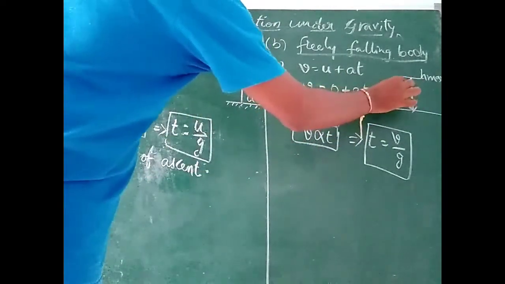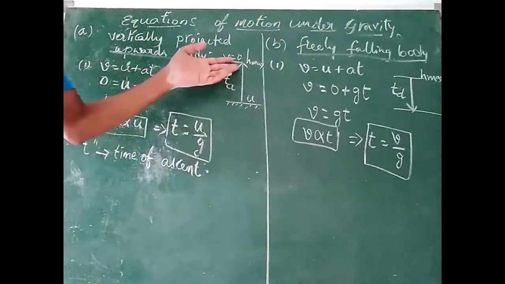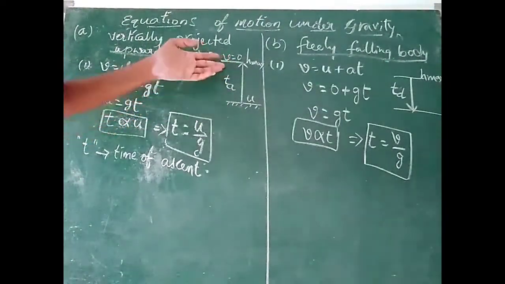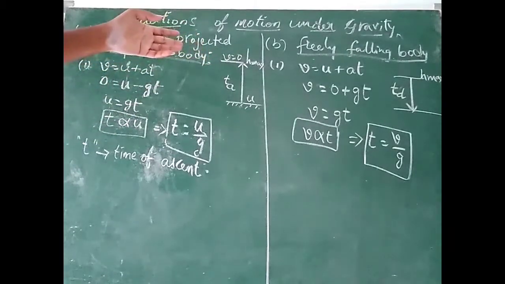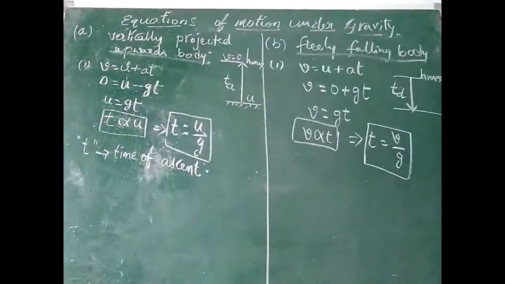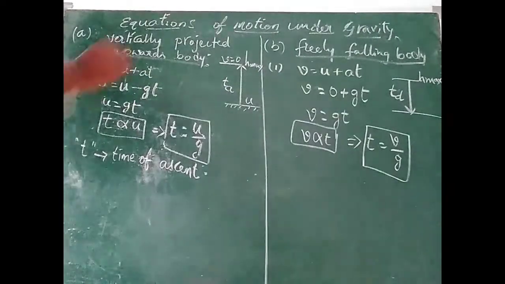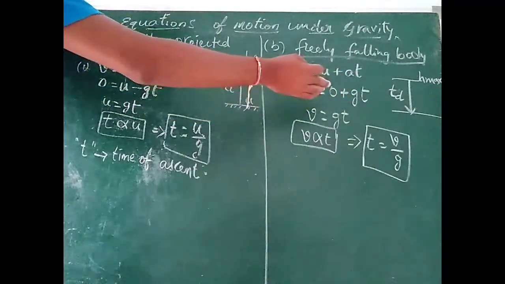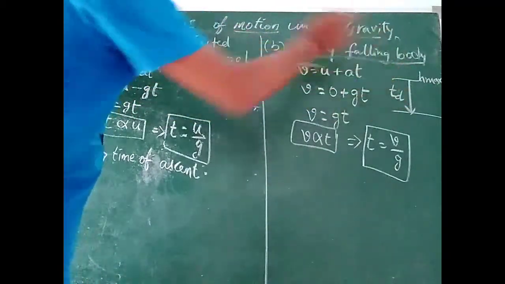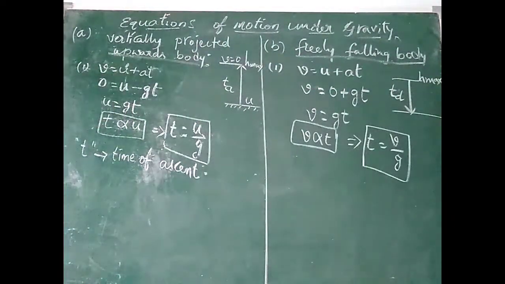So as I already said, in the absence of air resistance, whenever the body reaches its maximum height, it took some time. So the same time is taken by the body to reach the ground from maximum height in the case of absence of air resistance.